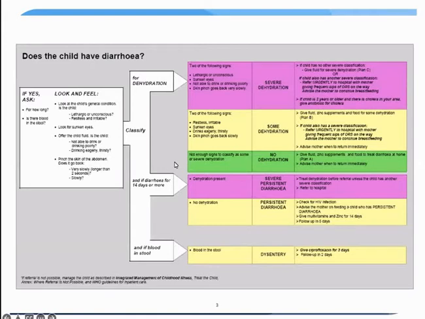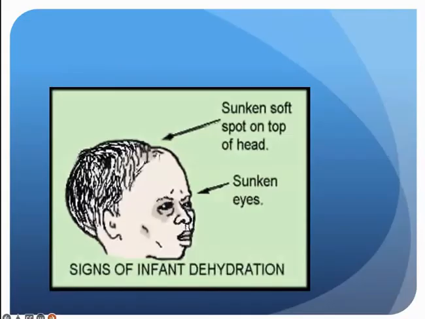And again, I'm not going to go through all of this in the interests of time, but this, again, is a good tool for quantifying and classifying how big a problem you are dealing with.